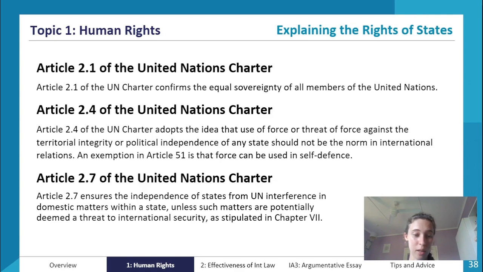And 2.7 is the independence of states from UN interference, specifically in domestic matters within a state. And exceptions to that are when it's potentially deemed a threat to international security. So that's why a lot of countries have rights to their own government, their own territory, and that's why I guess some things happen that we don't have much control over.